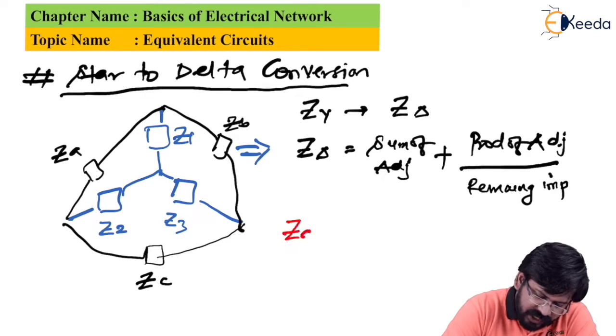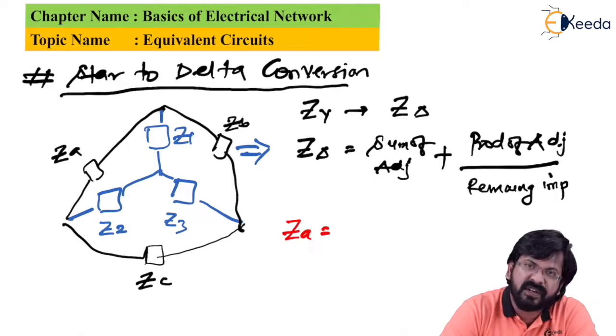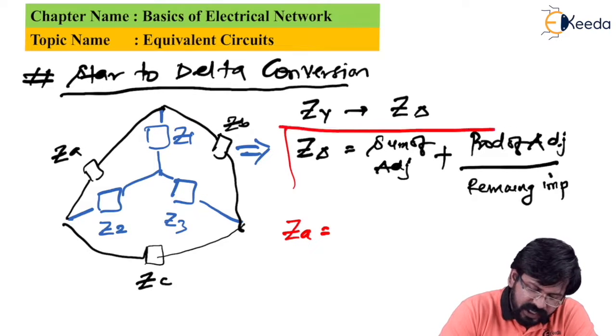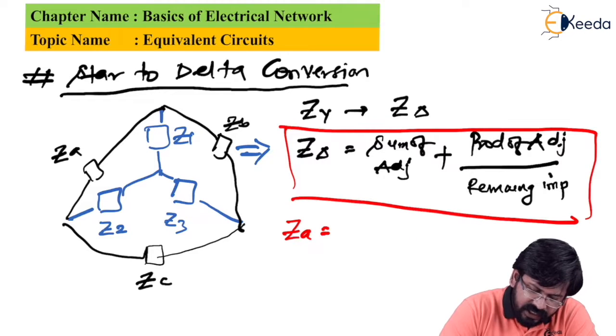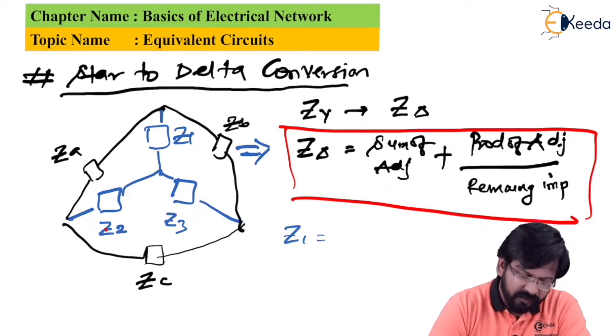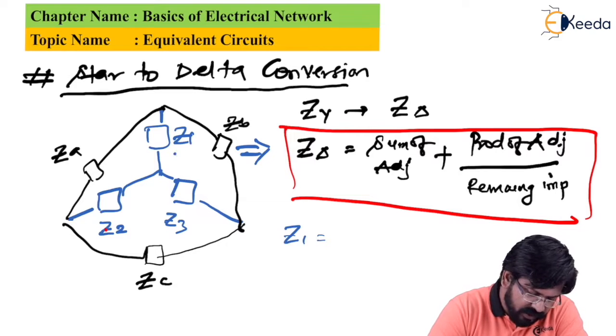So now value of ZA can be written as, let us refer the formula. According to Z delta, it says sum of adjacent. For Z1, adjacent can be taken as ZA and ZB.